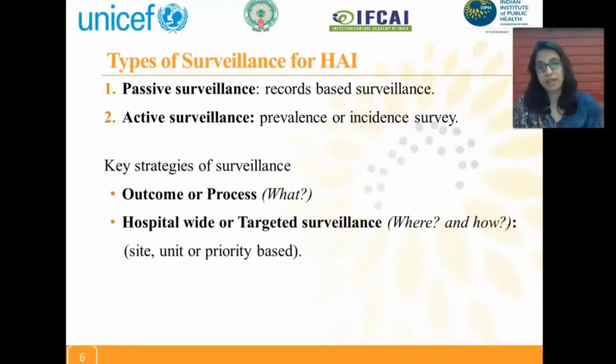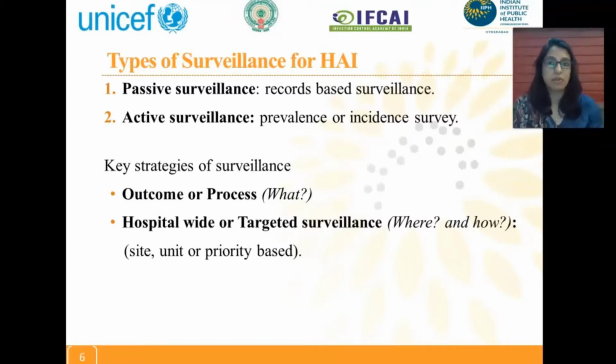So, amongst the key strategies of surveillance, you know the types, but if you have to do it, the key thing to keep in mind is, what are you going to do surveillance for? That is one thing you have to decide upon. Is the outcome going to be the infection rate or the disease rate that you are more interested in, or is it going to be the process by which that disease may happen?